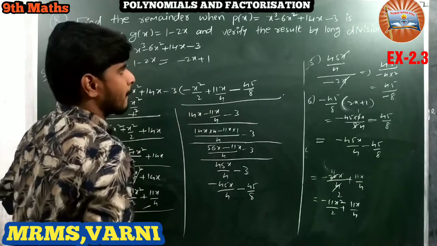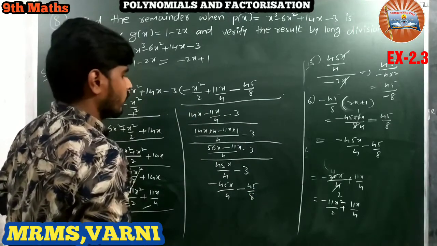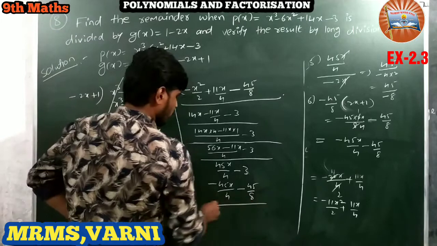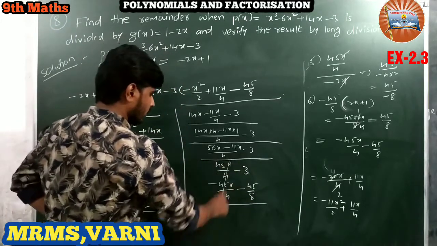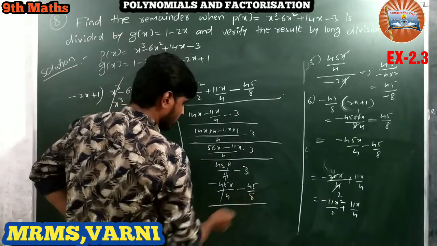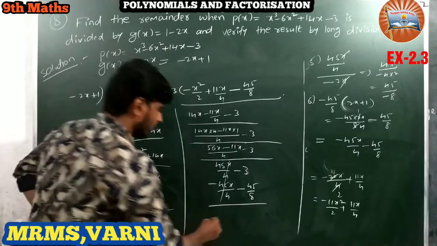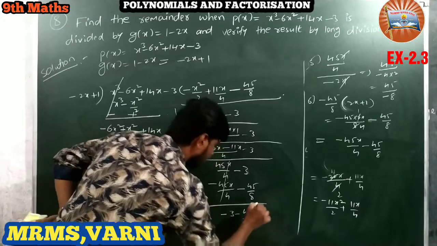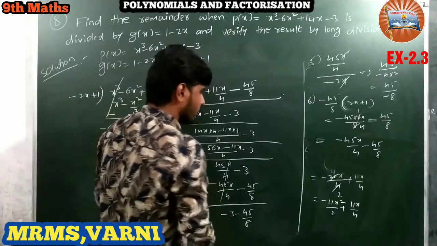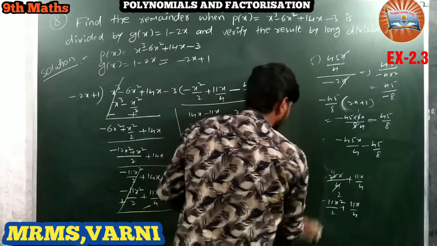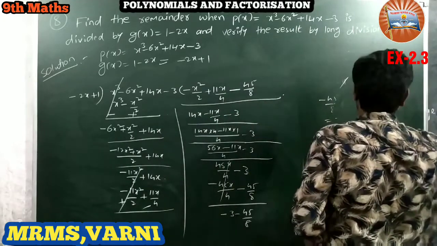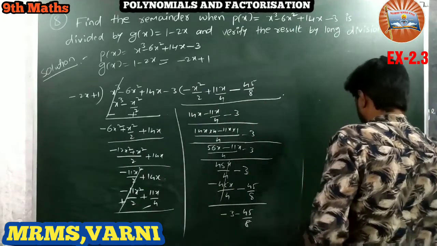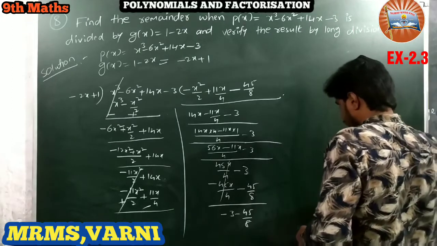Okay, right. So these two gets cancelled here. Remaining is minus 3 minus 45 by 8. We have to simplify this. What becomes? So I am going to erase all these things. What is the remainder we got?